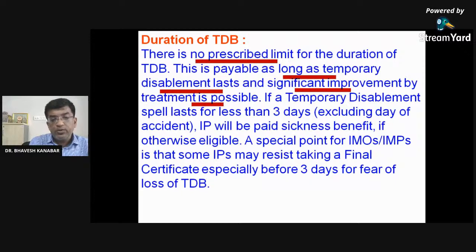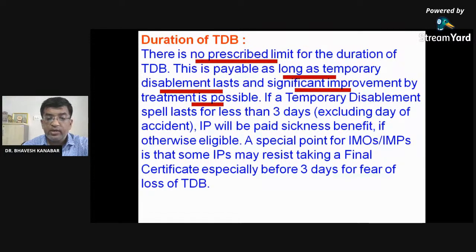Right, very good. There is one more thing, the funeral benefit, right? If the insured worker dies, then funeral benefit up to 1,000 rupees is given for the funeral process. Any other benefit you remember?